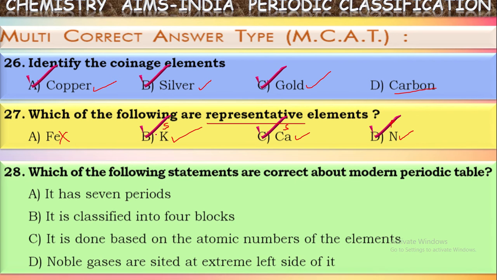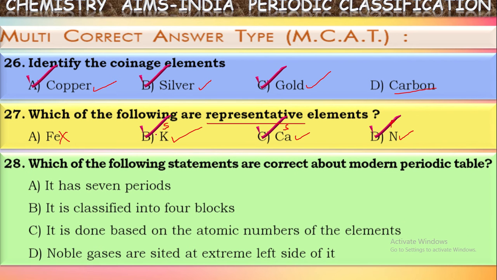Okay. Next, which of the following statements are correct about the modern periodic table? So here some statements are given about the modern periodic table. See the first one, it has 7 periods, isn't it? Yes, the modern periodic table has 7 periods only. 7 horizontal rows are there, those all together are called 7 periods.